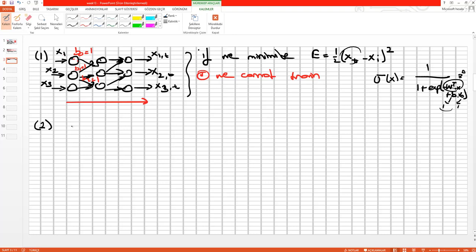But what happens if I choose x1, x2 and x3? And so if I increase the number of neurons at the hidden layer like this one, up to 10 or 20 or another number, and if we can produce the x1 target, x2 target and x3 target, what happens if I choose to produce this neural network?